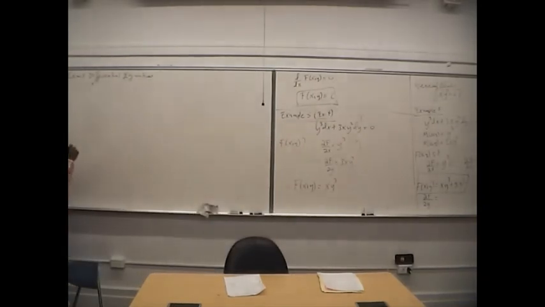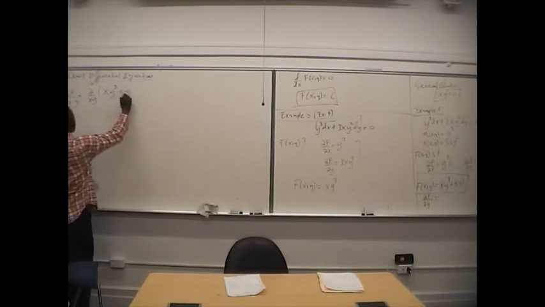And so my partial f partial y will be the partial of y of x y cubed plus g of y.